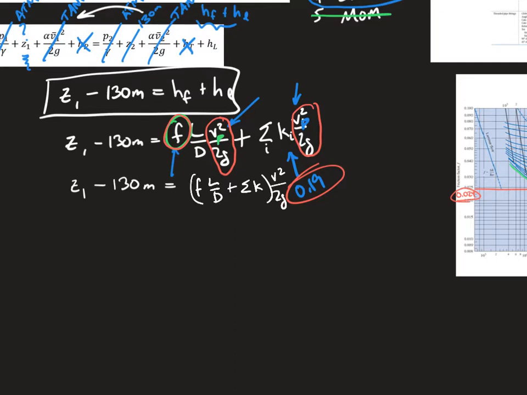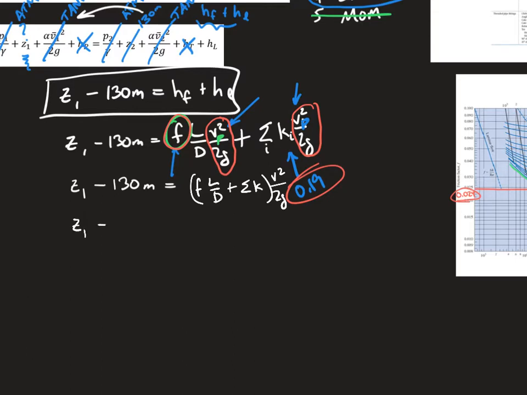You can only do that if it's a single pipe, because if the pipes are changing diameter, the V is not constant, and this is not going to work. But this is the way you'll often see this written, so I'm just going to follow that convention.